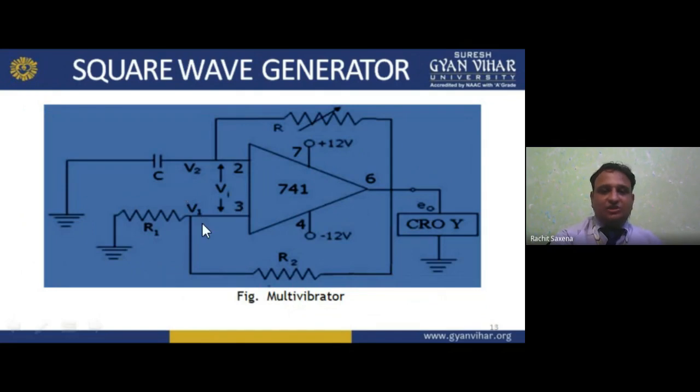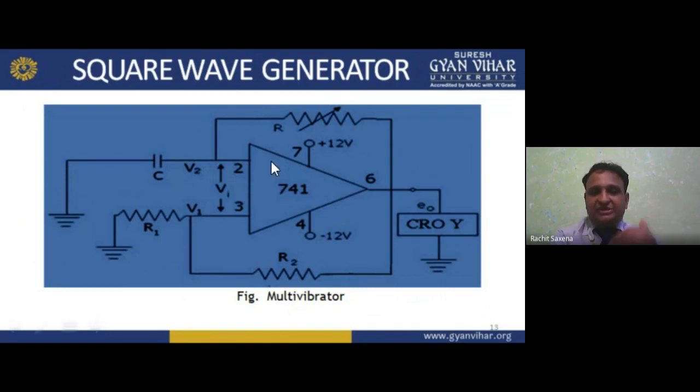This is inverting, this is non-inverting. First case, in the non-inverting input I am giving 0 volt, and if I am giving 1 volt, V1, then the output will be V1 minus 0, the differential.